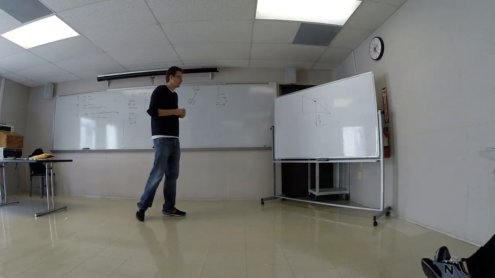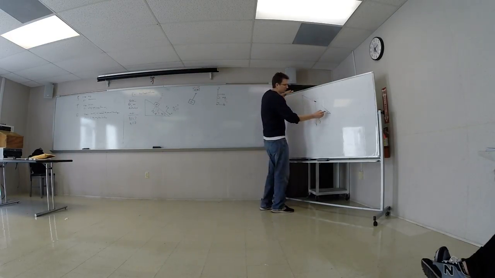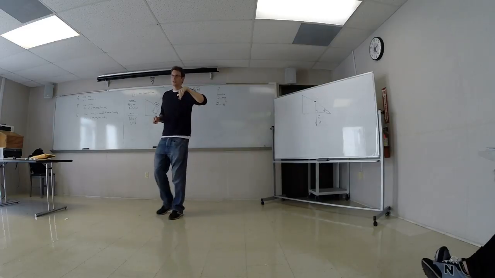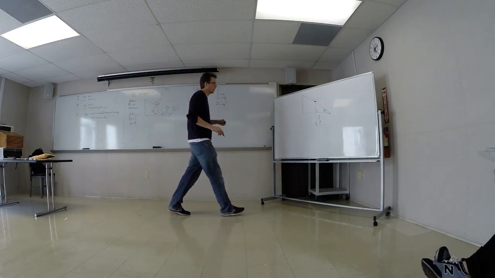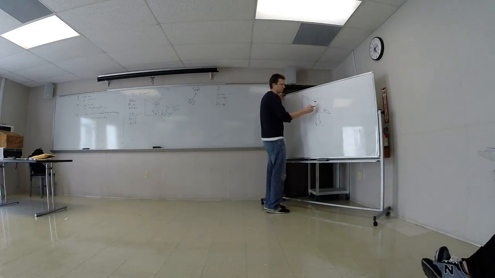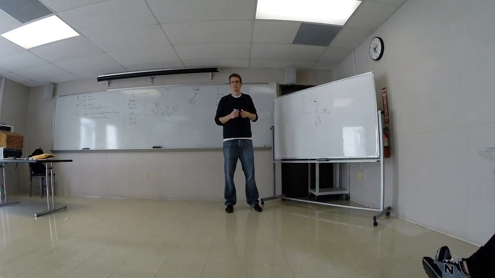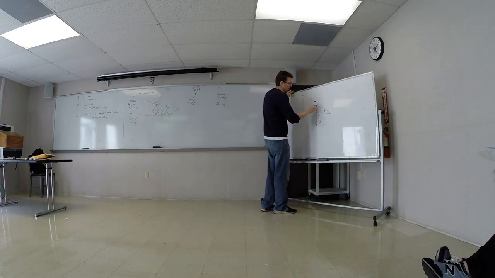The shape is irrelevant. If this angle is theta, and this is a 90-degree angle, because of course the force of gravity goes straight down through the base, what's this angle here? 180 minus 90 minus theta, or 90 minus theta, right?